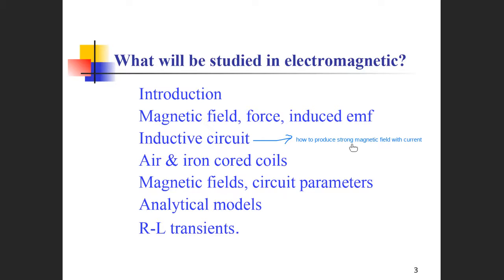In the previous DC circuit, we focus on how big the current produced is. So in an electric circuit, we focus on how to produce a strong current with electromotive force.